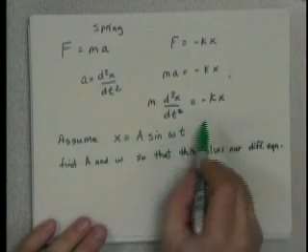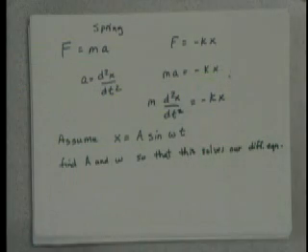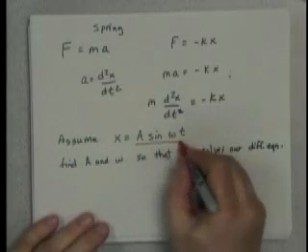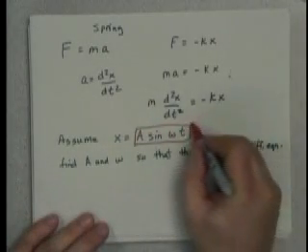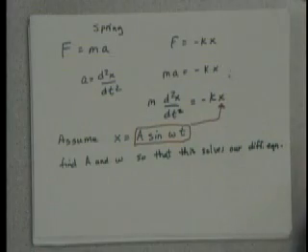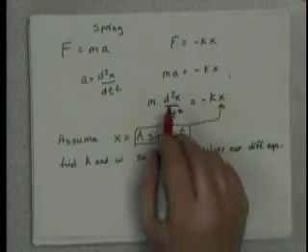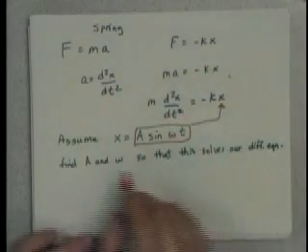So I already have x. I'm going to be able to take this and stick it in for x. But I have to figure out the second derivative. So let's go through that.